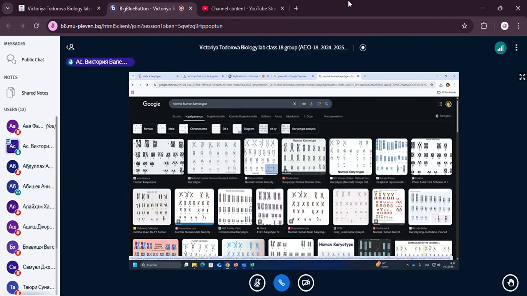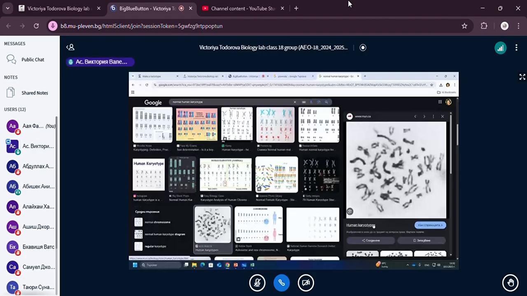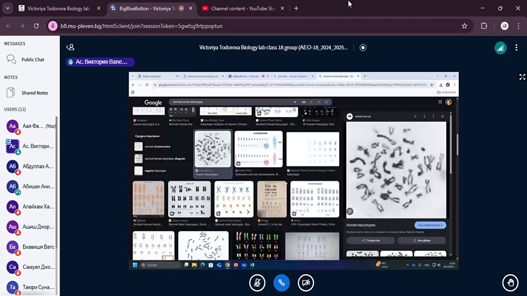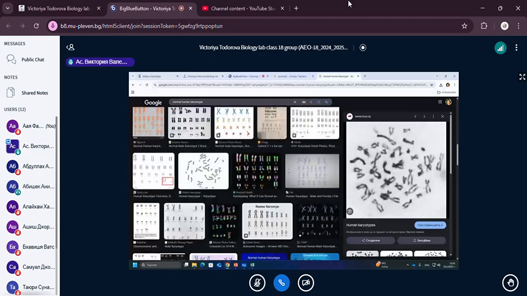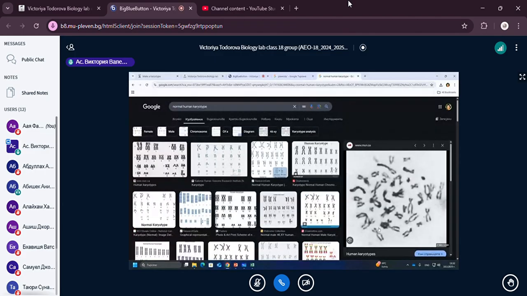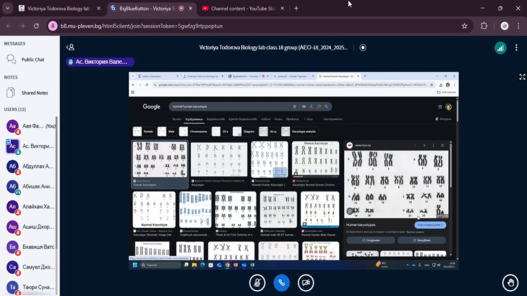They look like this, and after the staining, geneticists take them from this, as you can see here, and put them in a line, in a row, and separate them and make homologous pairs from them.